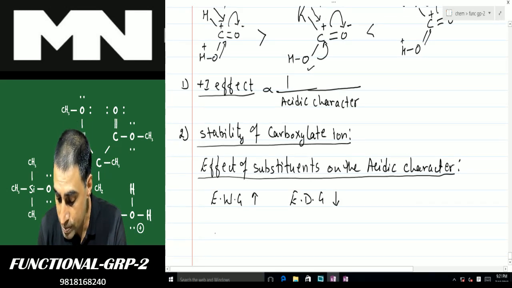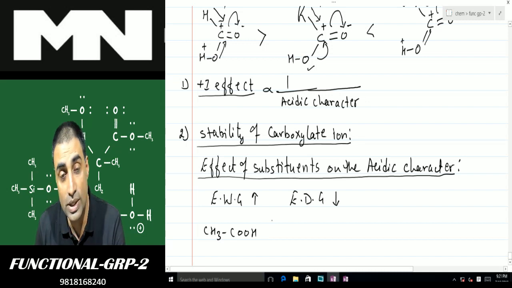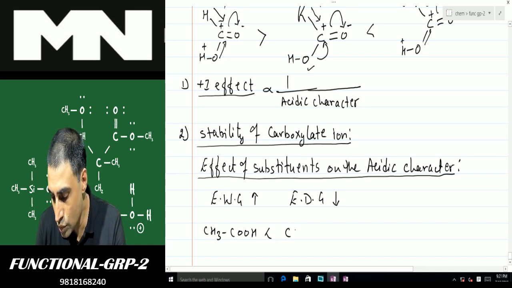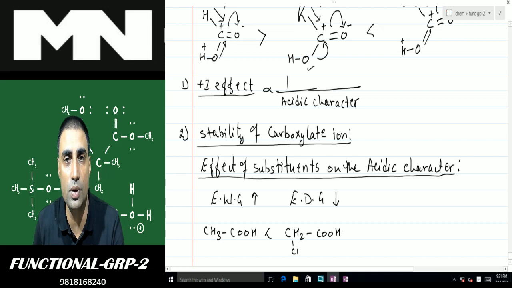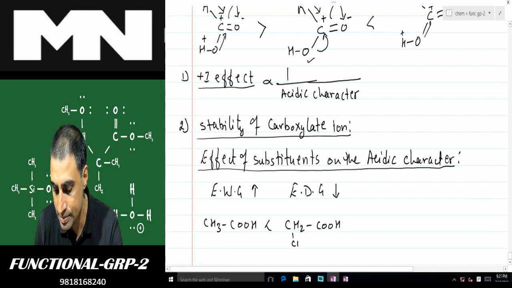Now suppose I've got acetic acid. As compared to acetic acid, chloroacetic acid is more acidic, because chlorine is electron withdrawing. It will withdraw electron, it will reduce the plus I effect of the alkyl group, and acidic character will increase.